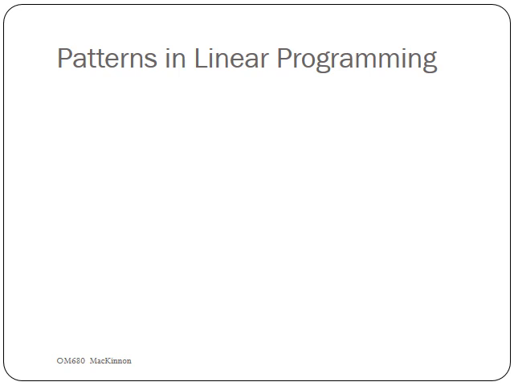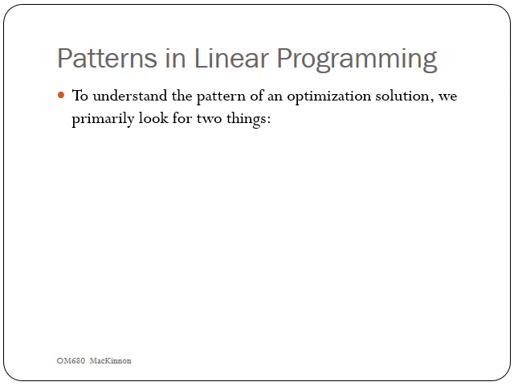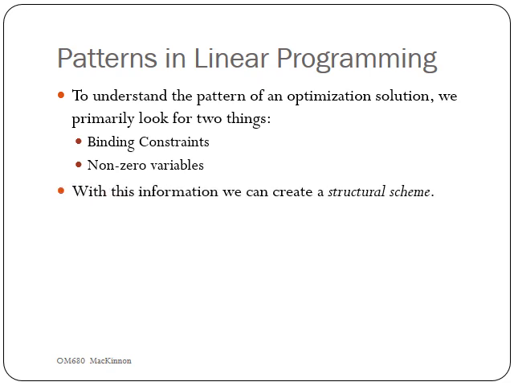So how do we figure out patterns? First thing that we do is we look for two things after we've optimized a solution. We look for binding constraints and we look for non-zero variables. Any constraint that is not binding is no help to us. Any variable that's not used is no help to us. From this, we can create what we call a structural scheme.